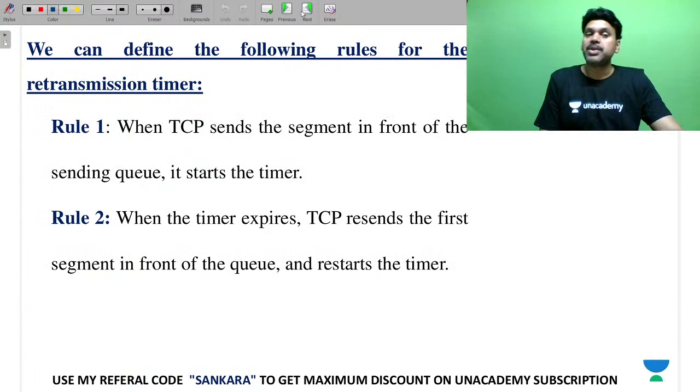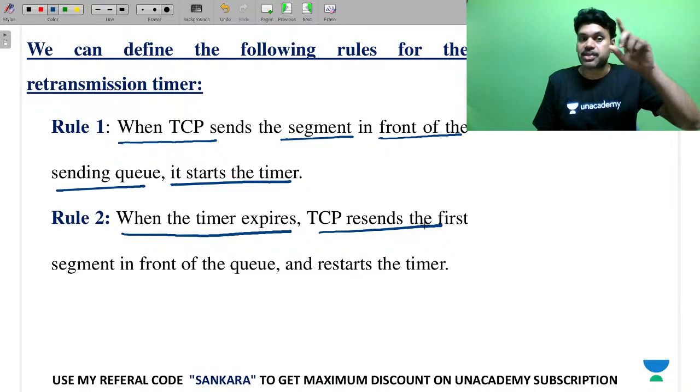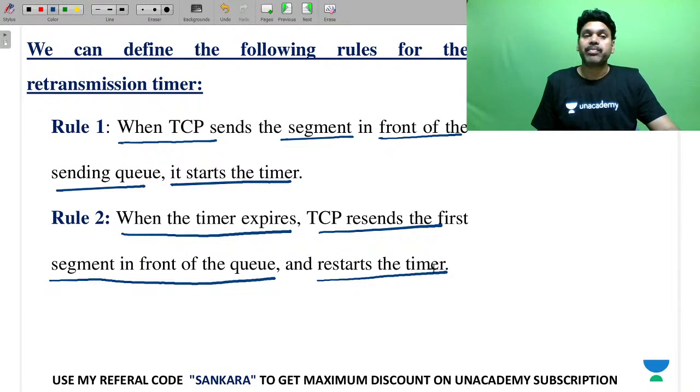How can you do this? You can do it using two rules. We can define the following rules for the retransmission timer. Number one, when TCP sends a segment in front of the sending queue, it starts the timer. When the timer expires, TCP resends the segment which is not acknowledged in front of the queue and restarts the timer.